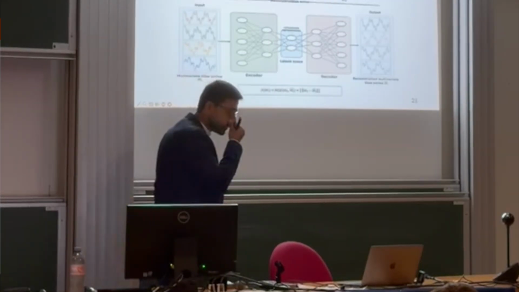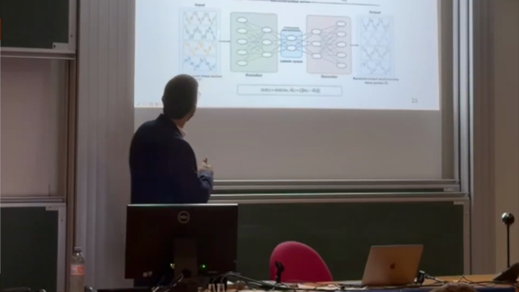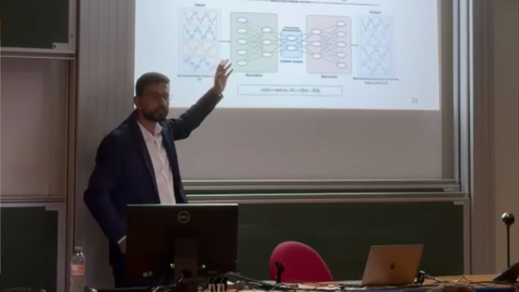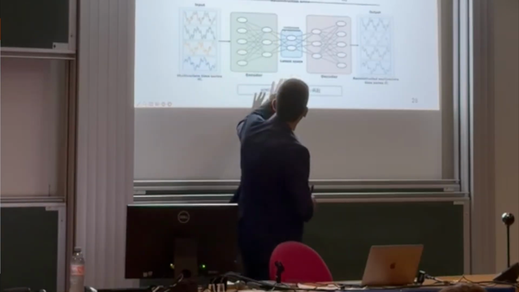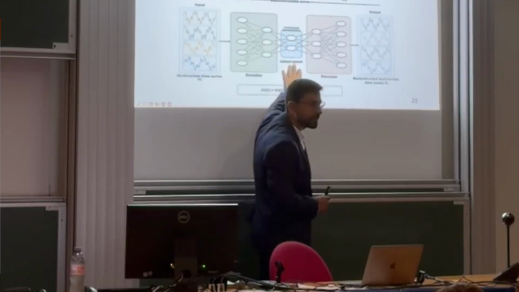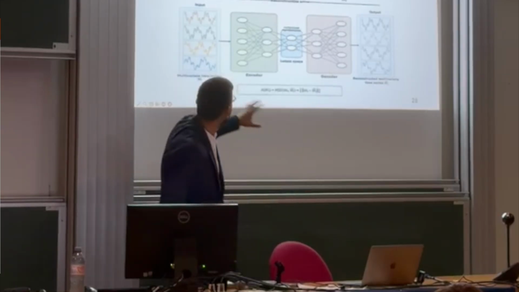In the autoencoder figure, we can see we start with this multivariate time series, with different variables. The idea of the autoencoder is to do a dimensionality reduction leading to a latent space, which is a compressed representation of the original data set.